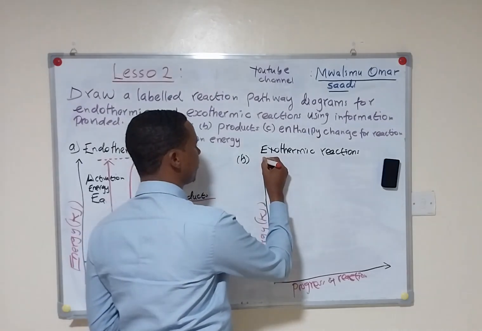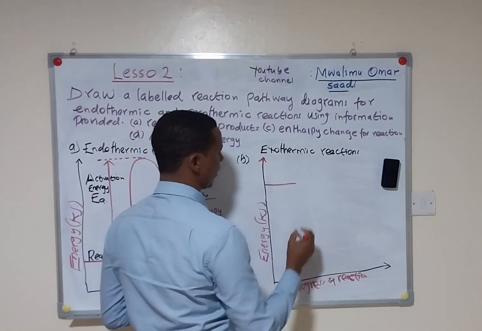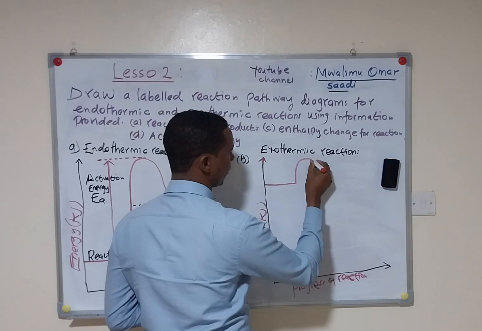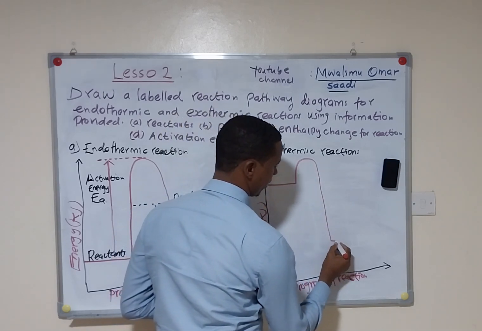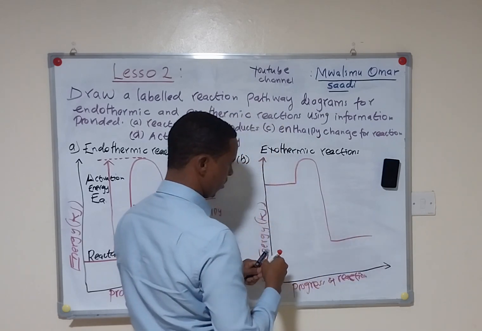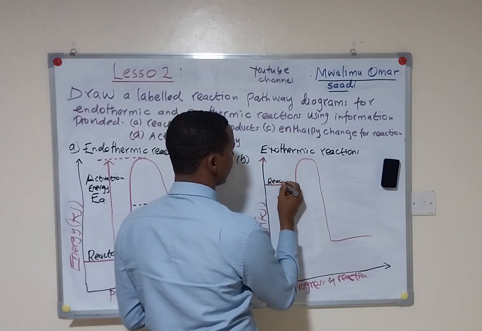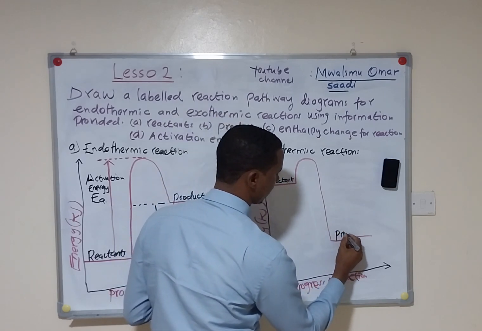So here we will have the reactant, and this is the product. So here we have reactant and products.